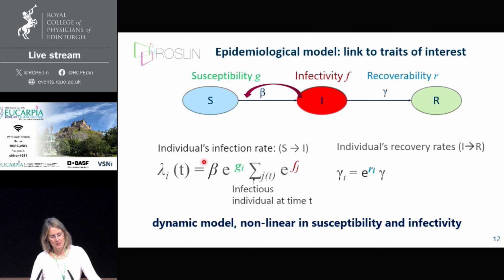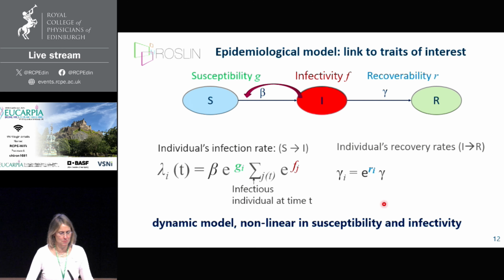But then this transmission rate is scaled by its own susceptibility and the infectivity of the infectious individuals it comes in contact with. And then this recovery rate could be, again, a population or group-specific mean recovery rate, and then it's scaled by its own tolerance or recoverability or whatever trait you call it. So this is our genetic model on there. The traits in colors are our genetic traits.